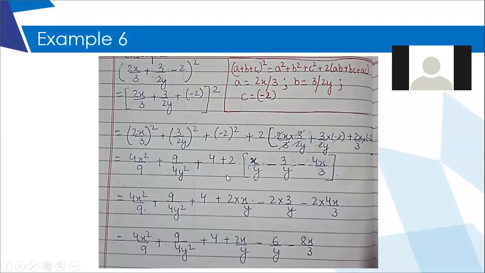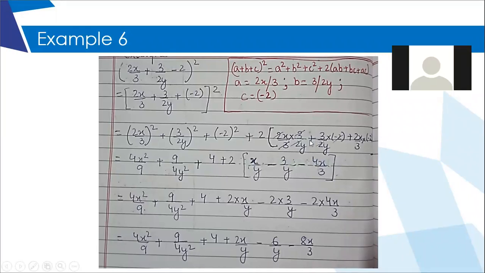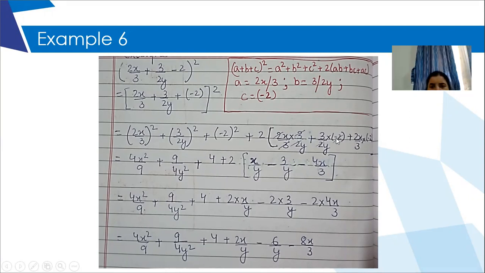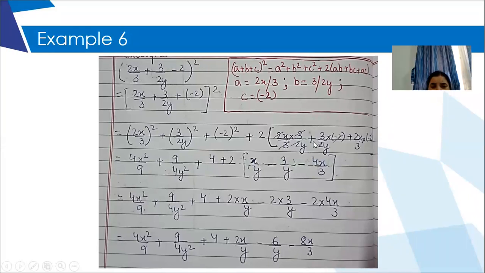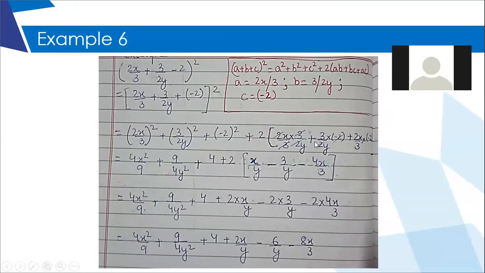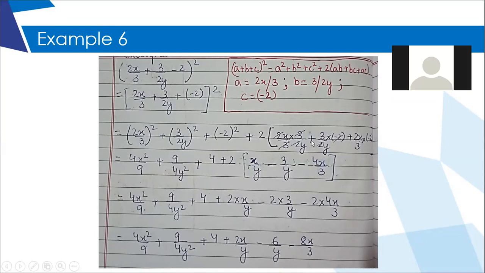Yes, ma'am, now I can see. Ma'am, how did the minus come? See over here, plus into minus. Toshit, your voice is breaking. Repeat your question. Ma'am, I got it, ma'am. You got it?